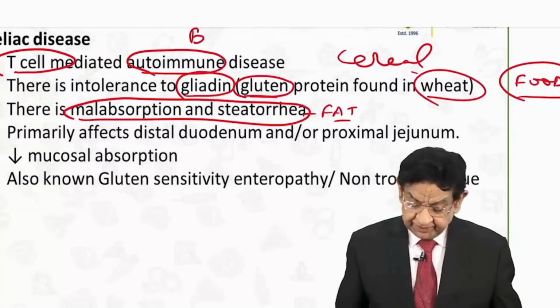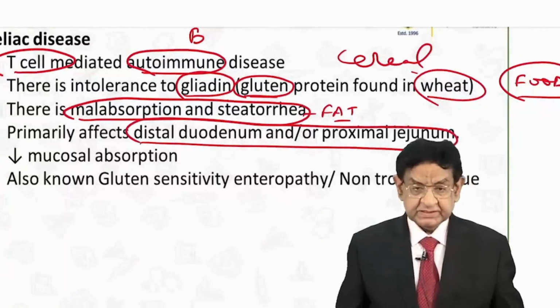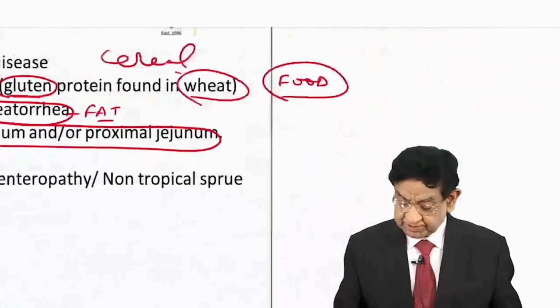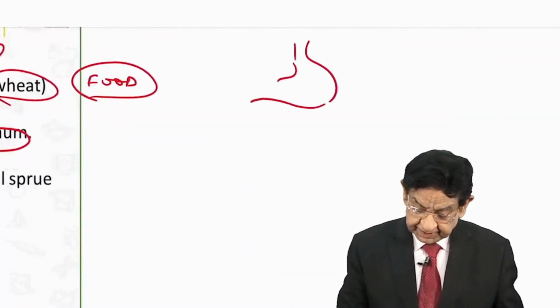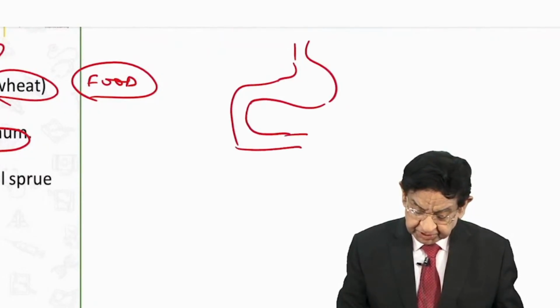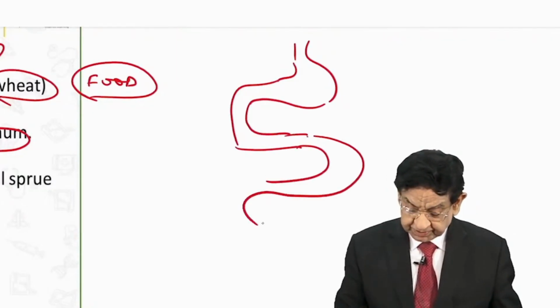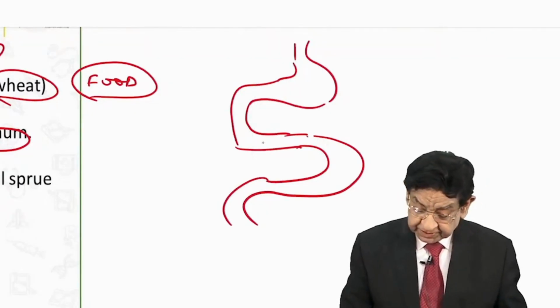And it usually affects the distal duodenum or the proximal jejunum. Site of disease is the distal duodenum or the proximal jejunum. So here is the stomach. Here is the first part of the duodenum, second part of the duodenum, third part of the duodenum, and here is the jejunum. So we can say it involves this third distal part of the duodenum and jejunum. Okay.